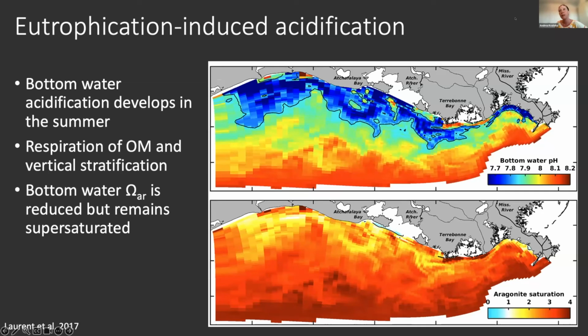Within the hypoxic zone, pH can get below 7.7 and saturation states can be below 2, which is still supersaturated, but calcifying organisms can dissolve at saturation states greater than 1. So these numbers are still pretty alarming.